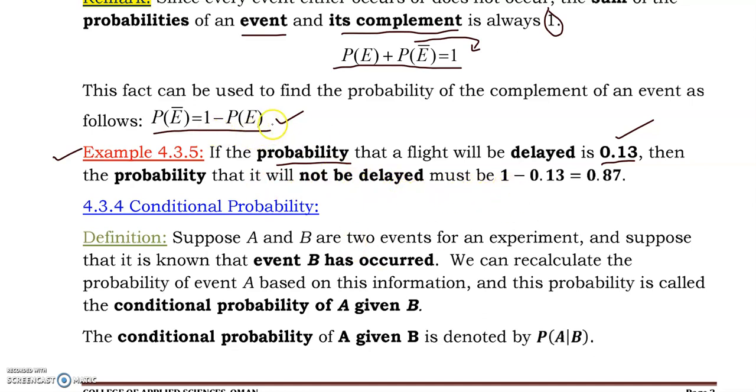That is, use this result here: 1 minus, this is the probability for delay. So you subtract this, and you will get 0.87. This is the probability that the flight will not be delayed.